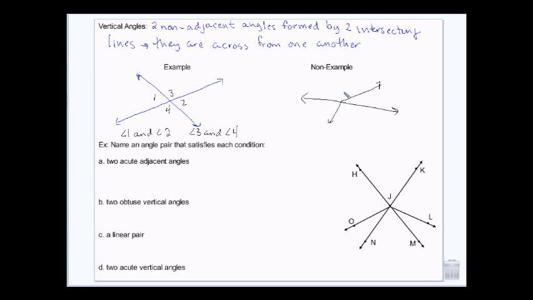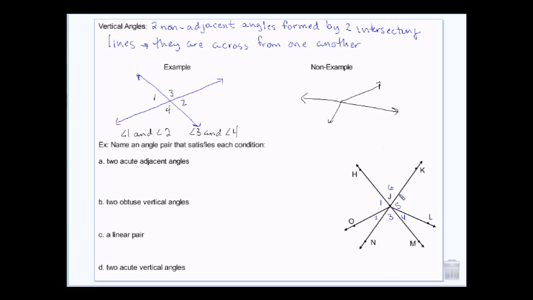And we can identify these. Acute adjacent angles are going to be less than 90. So each one of these, I'm going to go ahead and number them just because that'll make it easier to talk about some of them. Okay. Acute adjacent angles.